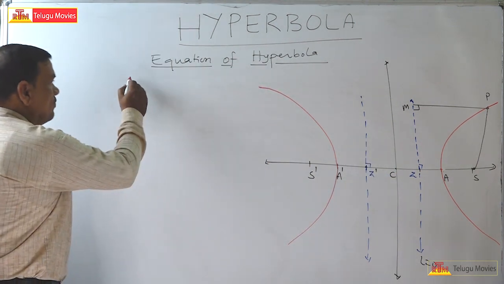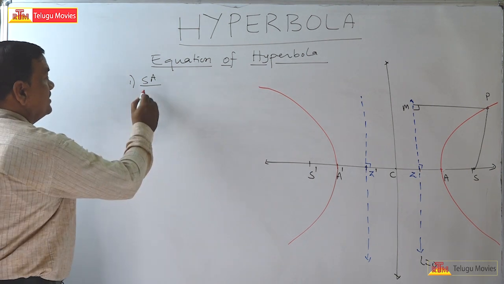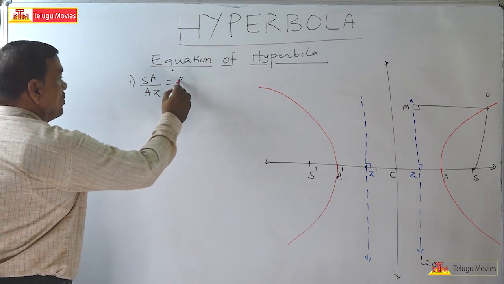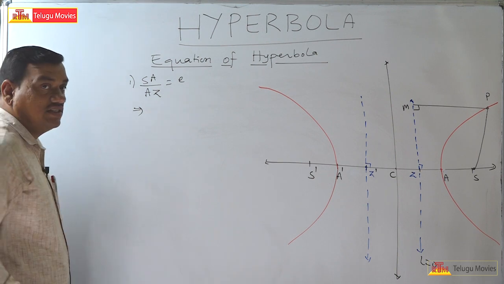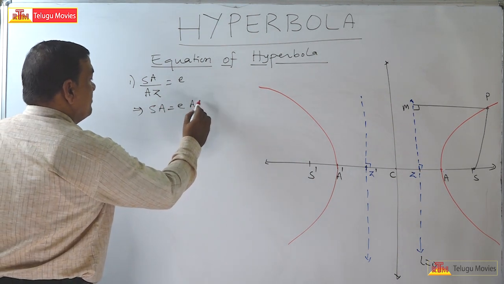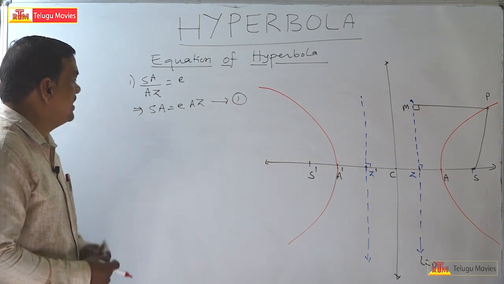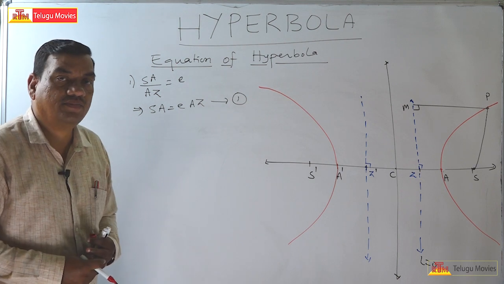SA by AZ is equal to the eccentricity E. Therefore SA is equal to E times AZ. Call it equation number 1.